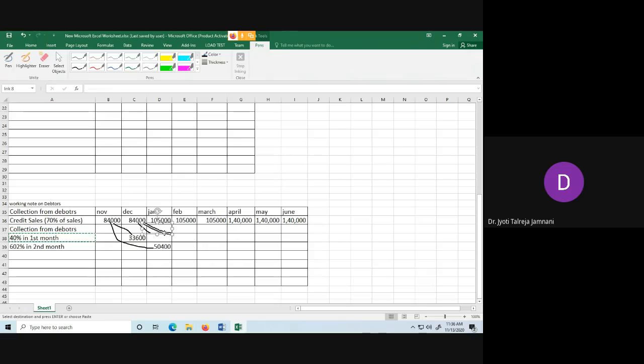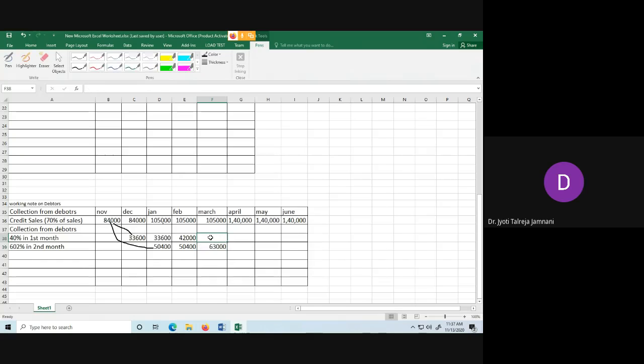So let's record it now accordingly. Okay, so 84,000, 40% is again 33,600, which will go in Jan, and 60% is 50,400, which will go to Feb. Now January 1,05,000, so we have to take 40% of that in Feb, which is 42,000, and 60% in March, which is 63,000.